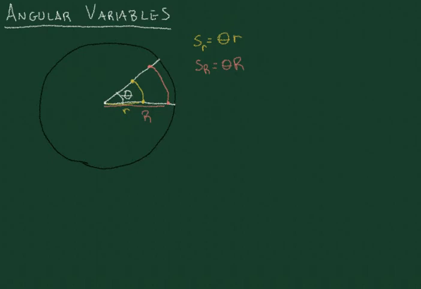So now let's say we look at the time that it took for it to spin this amount. Okay, so let's say that it spun that amount, that distance, in a time t.